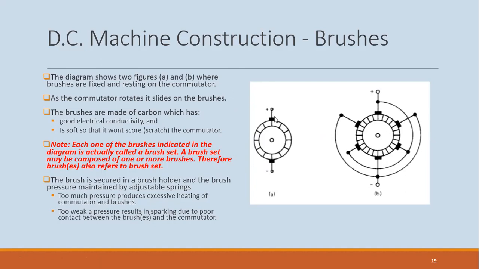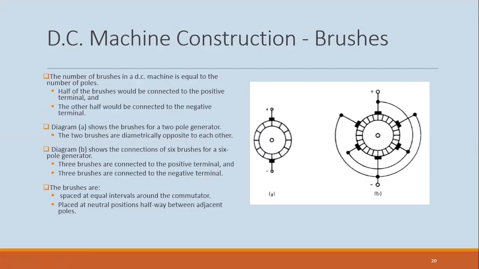Now the brushes are held in place by springs to ensure that you have proper pressure on them while they are in contact with the commutator. As I said before, the number of brushes is equal to the number of poles.